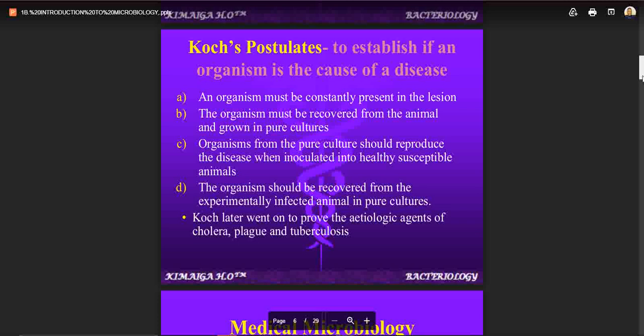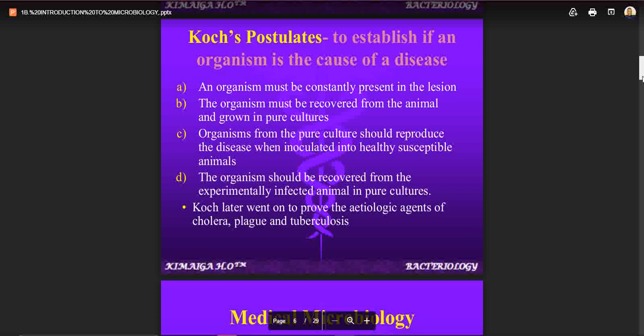So first, number one, Koch postulate was that the organism must be constantly present in the lesion. So that is lesion, let's say like a wound, when you look for the organism you must find it there. B, the organism must be recovered from the animal and grown in pure culture, to mean that the organism can be taken into the lab and grown there.